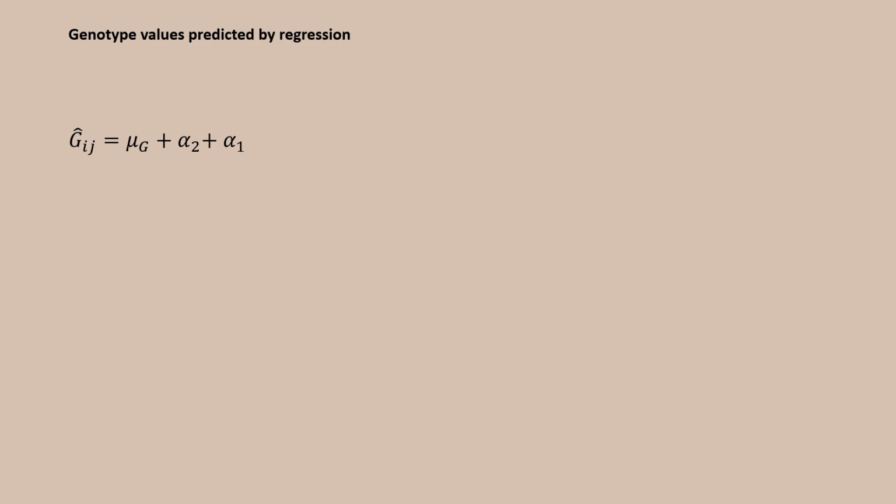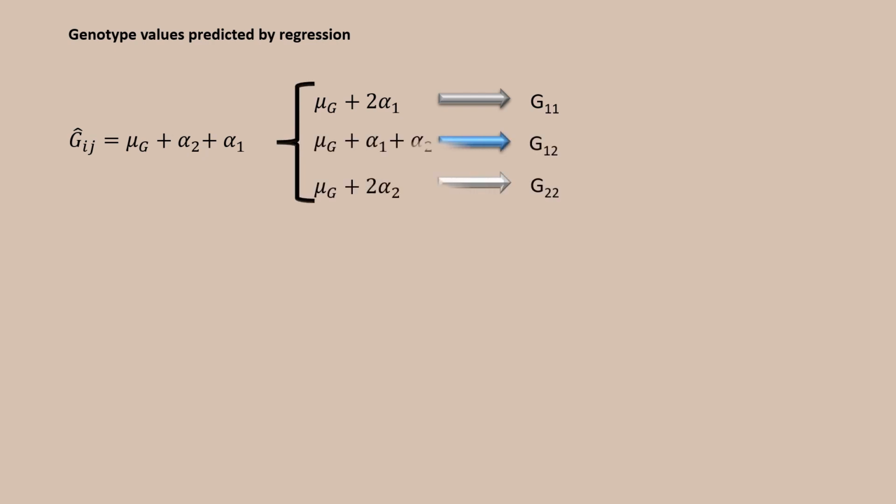With this in mind, we can see that from a multivariate model, we can obtain a univariate model depending on the estimated genotype. For example, in the case of heterozygotes, this is going to be equal to the population genetic mean plus the sum of the substitution effect of each allele in each different genotype class.